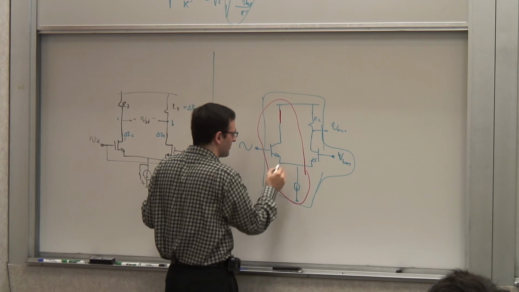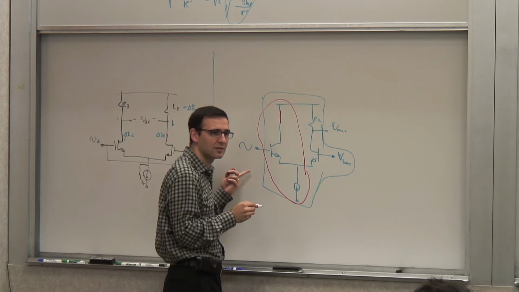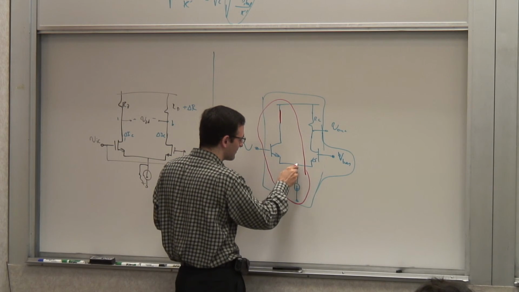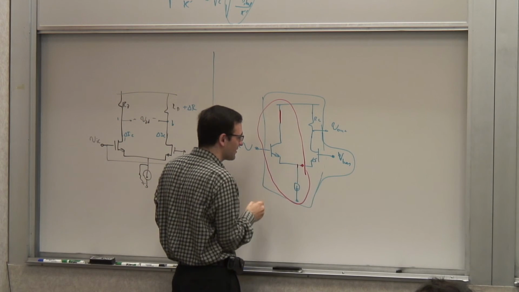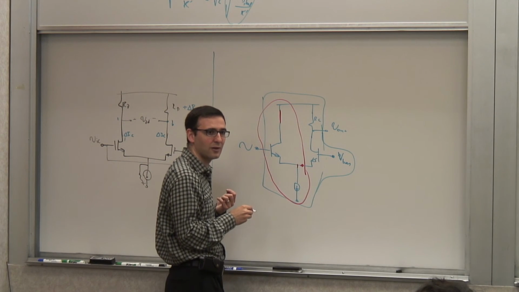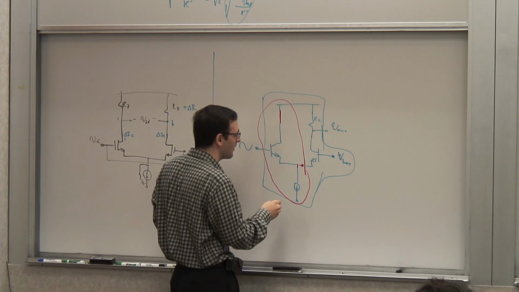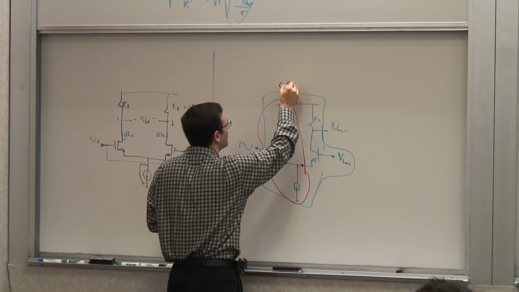Well, common source? I mean, this is bipolar. I'm sorry, common emitter, common base. Is this a common emitter? It's a common collector. This is the output, right? It's a common collector, an emitter follower. Followed by what? Common base.